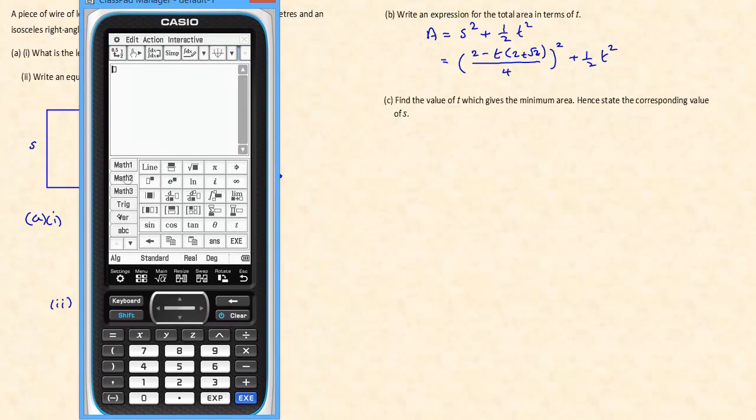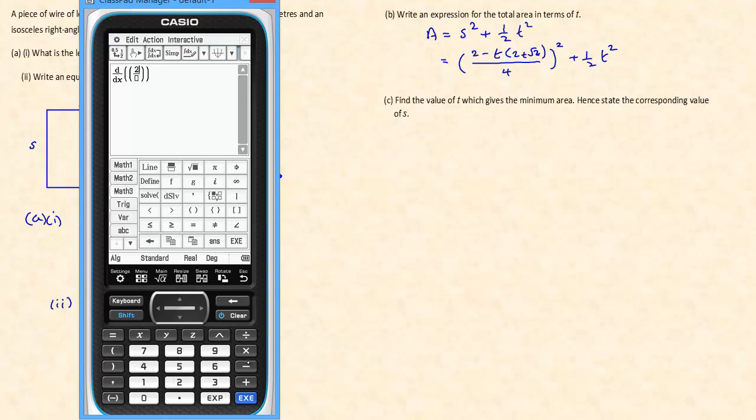So go into Math 2 here, and I'm just going to replace the t with x while I'm differentiating. So this first bracket is 2. Actually, let's just put a fraction template in there to start with.